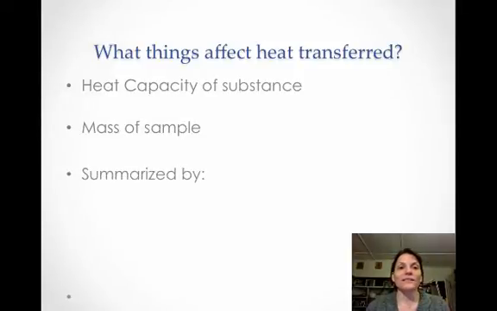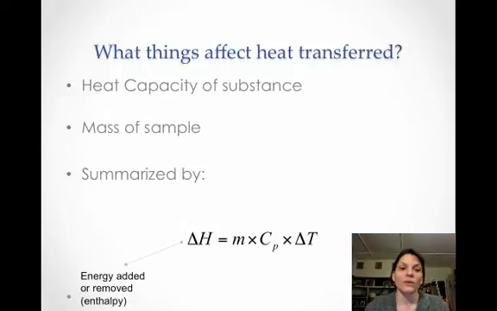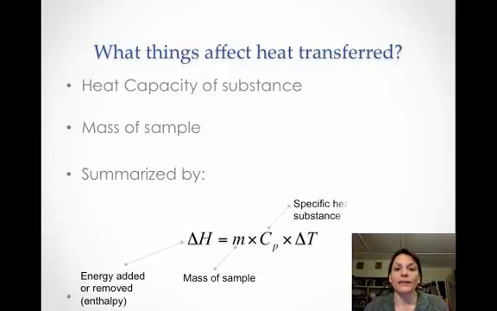All right, so all of this is summarized by an equation. Delta H equals m times C times delta T. We're going to be using this equation a lot, where delta H represents the energy that's added or removed, which we can call enthalpy. m is the mass of the sample in grams, usually. Cp is the specific heat of the substance, specific heat capacity.